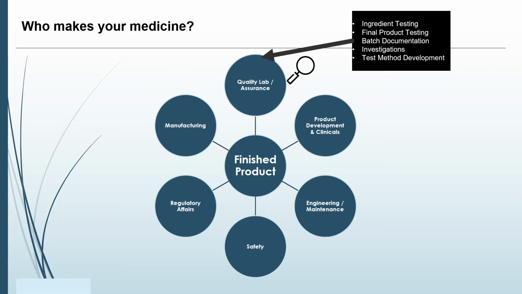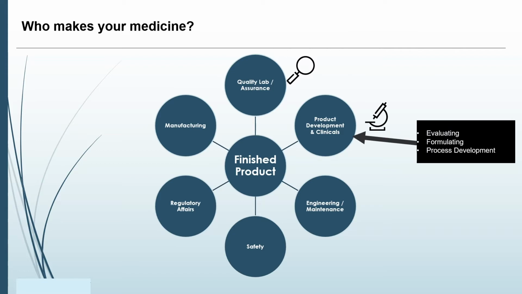The quality assurance group is responsible for maintaining batch documentation along with performing any analytical or manufacturing investigations as needed for things such as a test failing, malfunctioning equipment, and so forth. There is also a group of individuals within the lab that develop methods to test the ingredients and finished product. Each ingredient and finished product has its own product specification and analytical tests that need to be performed on every single batch.